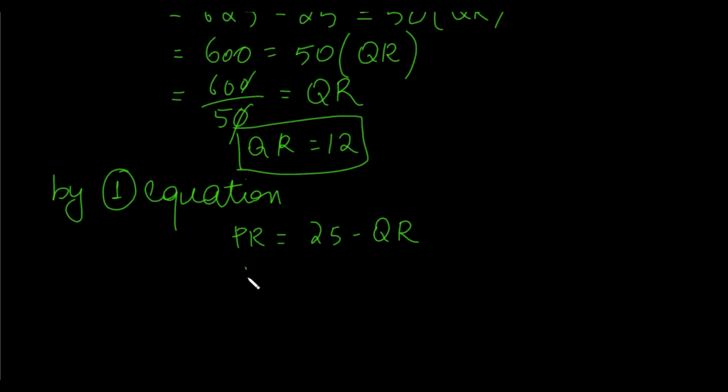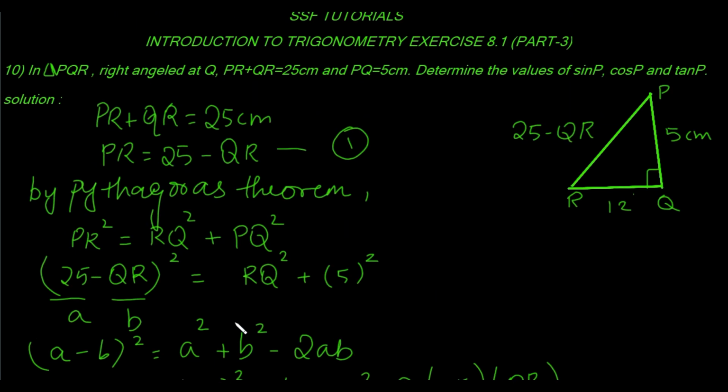So let's substitute the value. PR is equal to 25 minus 12, that is going to give us the answer 13. I took a time for calculating the value, sorry. PR is equal to 13. So now let's just enter this value in our diagram. I'm going to rub this 25 minus QR for you. So here you go, it's going to be like this.